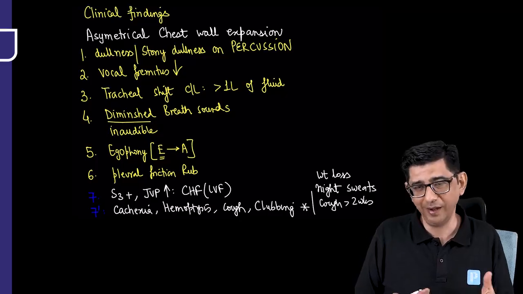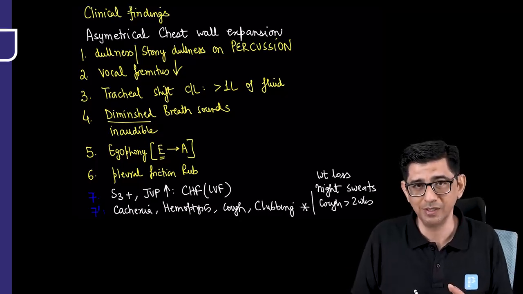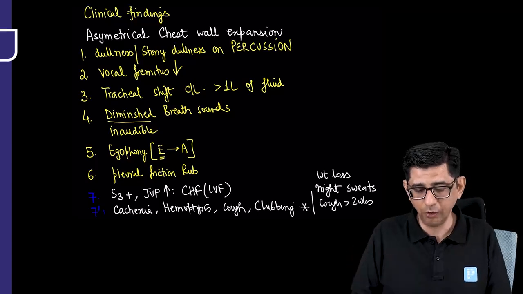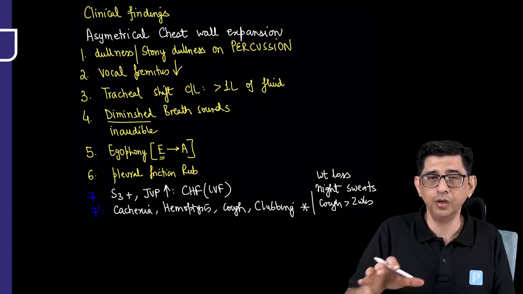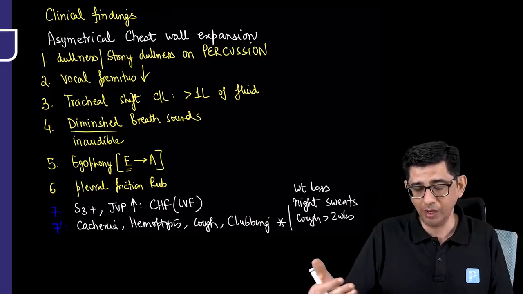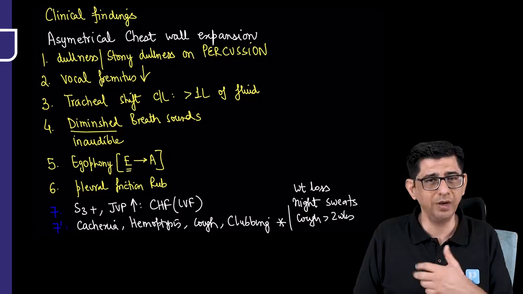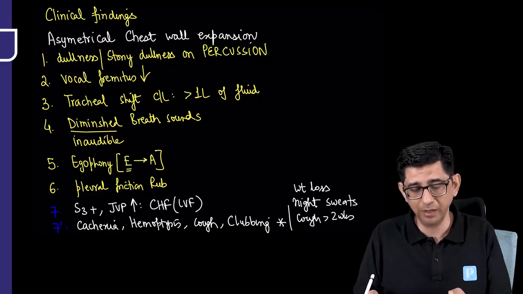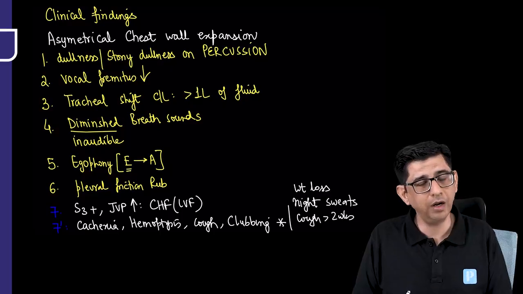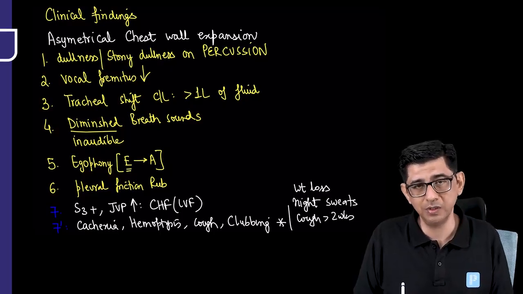I know it's a lot of data. I'm going to simplify that in the subsequent slides, but on this slide I've tried to focus on hardcore clinical issues that they would like to ask with respect to pleural effusion. It's very simple, guys. You need to get the data imprinted into your brain and you would be through with respect to solving these questions.